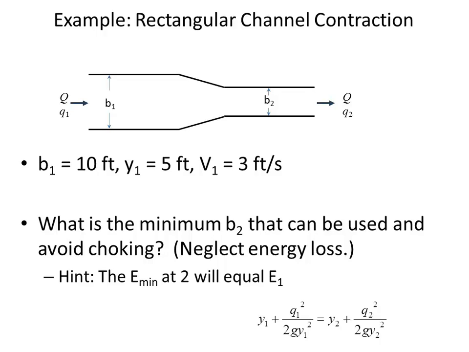And so right before choking, it's critical conditions. And so we invoked this idea that at minimum energy is the critical depth. And that's how we then were able to find out what the depth was, the velocity, and then apply that to the continuity equation.